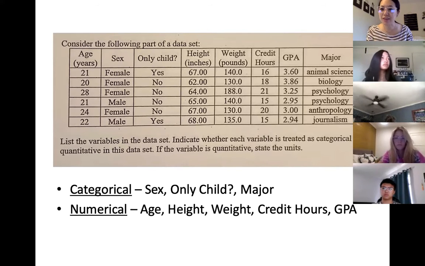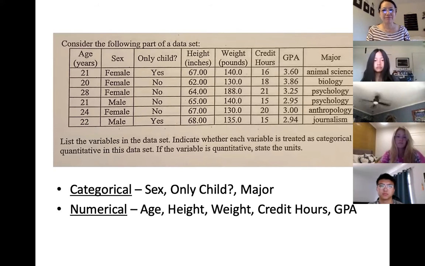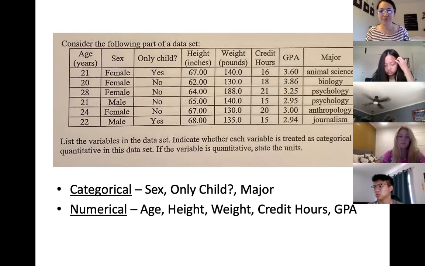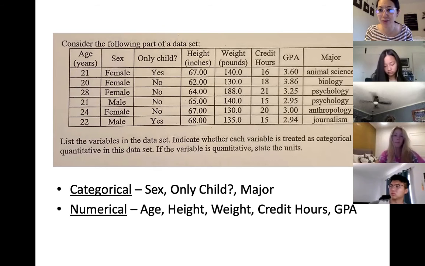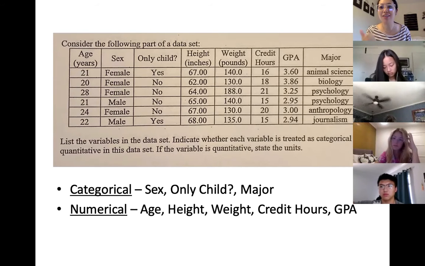When it comes to categorical, there are no units, right? What's your major? Science. There's no units behind it. Are you an only child? There's no units. So I think that is the best way to tell. Categorical, no units. Numerical, there are units. Does that make sense?